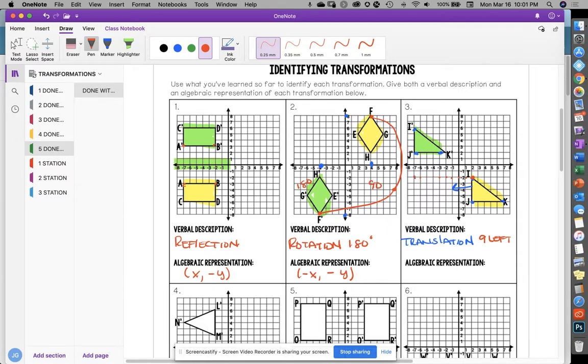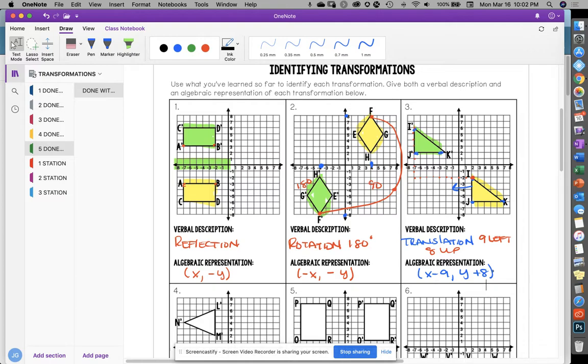So how much up did I go? 1, 2, 3, 4, 5, 6, 7, 8. I went 8 up. Now, if you remember the rule, left means to subtract, up means to add. So what would be my algebraic representation? We would say x minus 9, y plus 8.